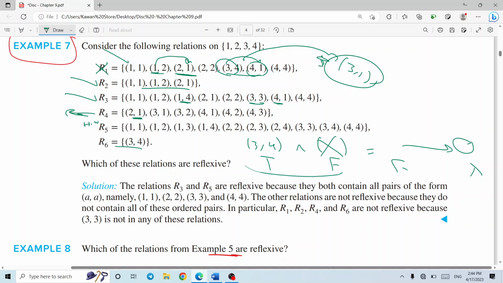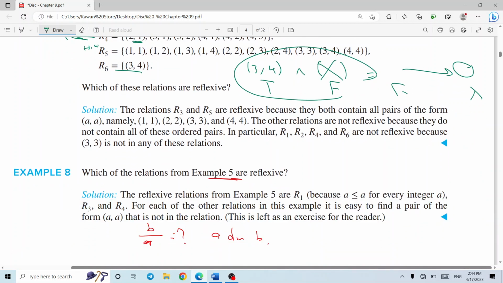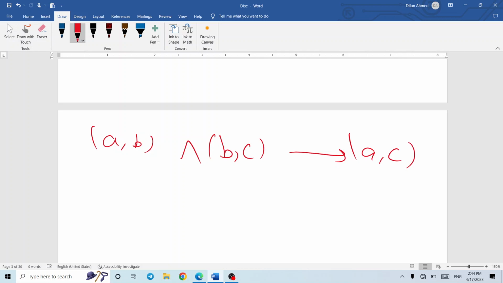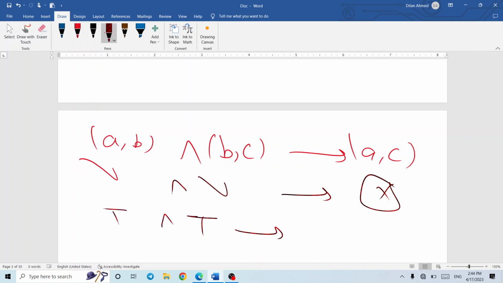I say if, here's the problem. We have an if, look, you have a condition. Say what? If you have A and B and B and C, then A and C. If you have that one, and then you don't have that one, means what? True and true. So, true. I am waiting for what?